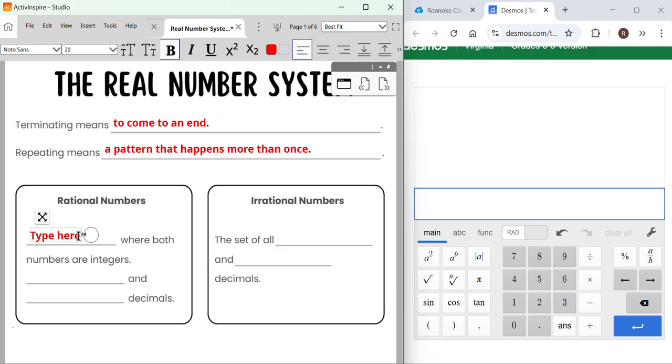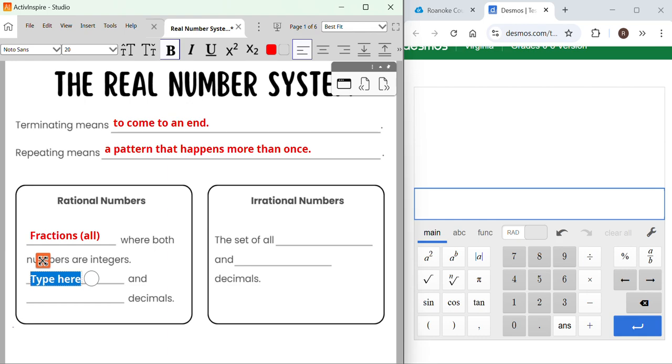Rational numbers are all fractions where both numbers are integers, and I'll be telling you exactly what integers are in just a bit.